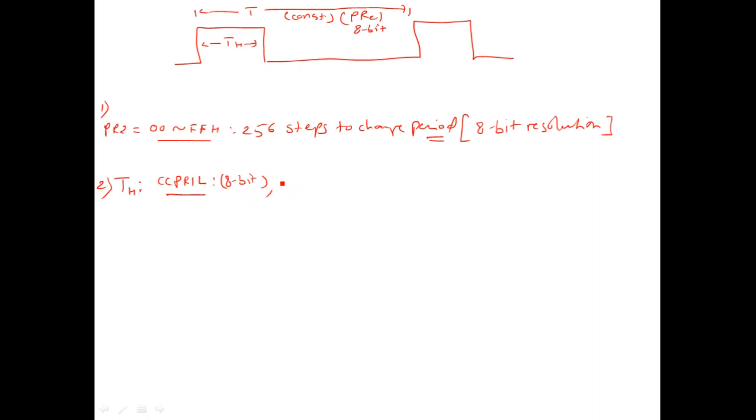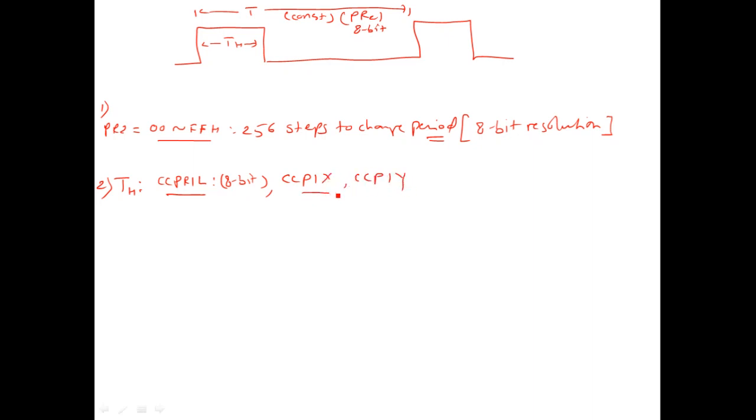2 additional bits are appended to these 8 bits in the CCPRL register, and those bits are from the CCP-con register. Those bits are CCP1X and CCP1Y.